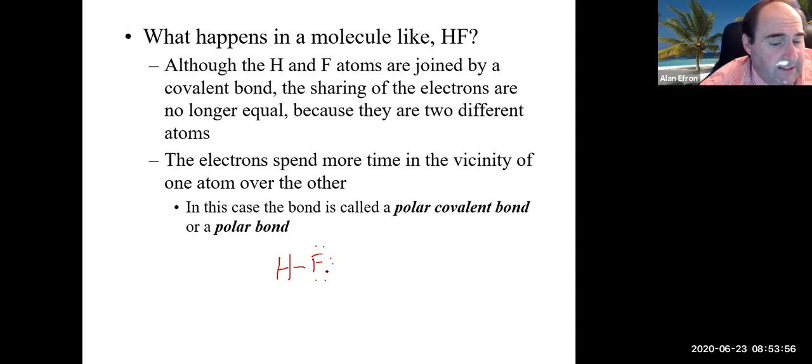Fluorine is the most electronegative element you could have, and it is more electronegative than hydrogen. So we would expect a lot more of the electrons to be hanging out towards the fluorine side versus the hydrogen side. And that creates an important relationship between those two elements in that bond.